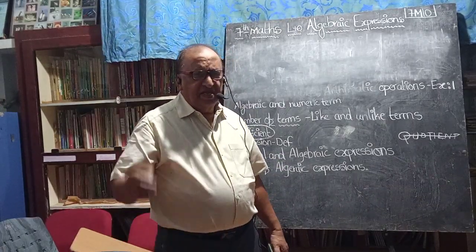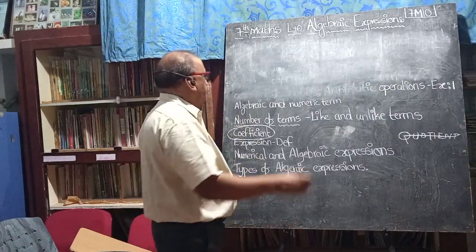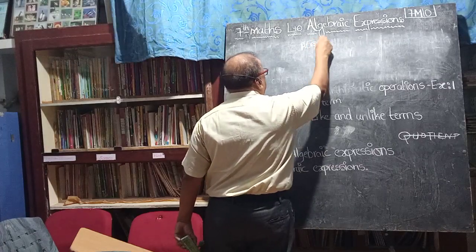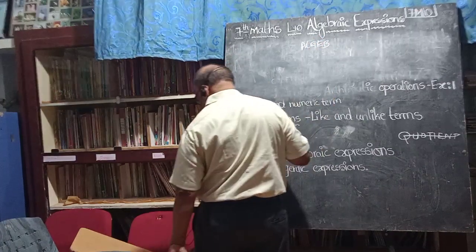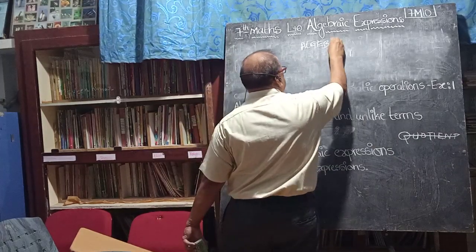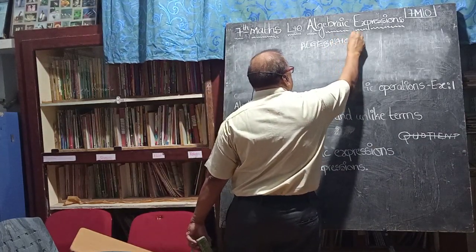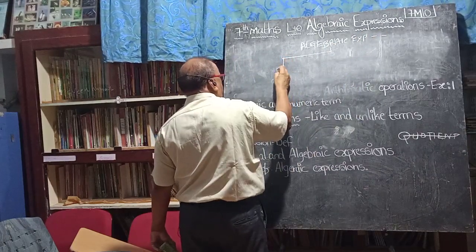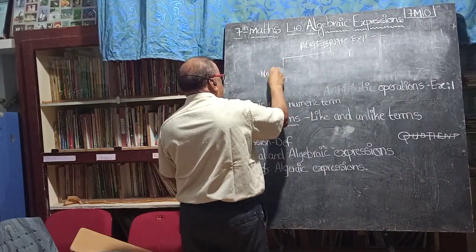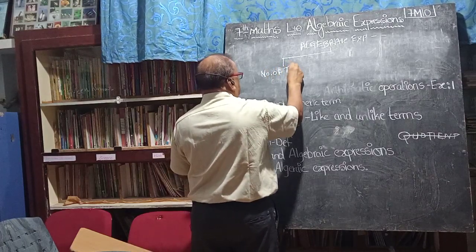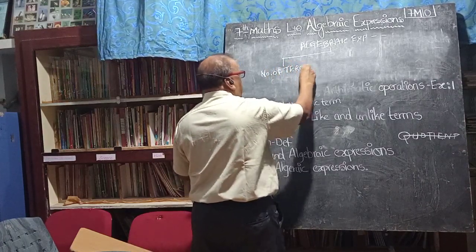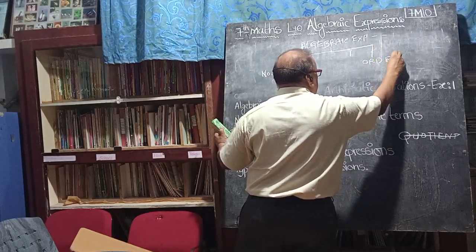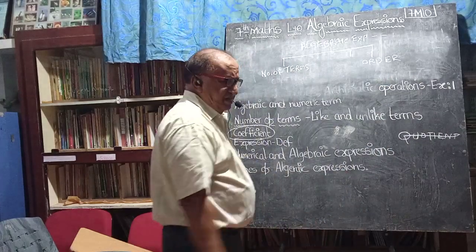Similarly here, algebraic expressions are classified based on the number of terms, and then based on order. I'll tell you what order is and what number of terms means.